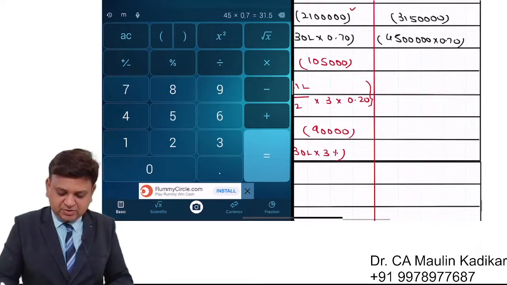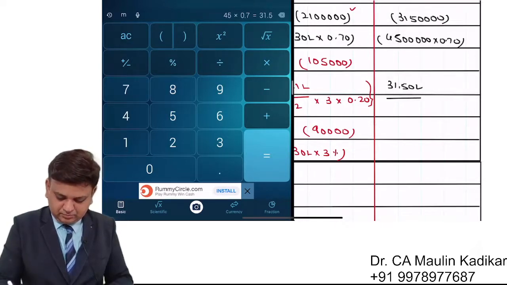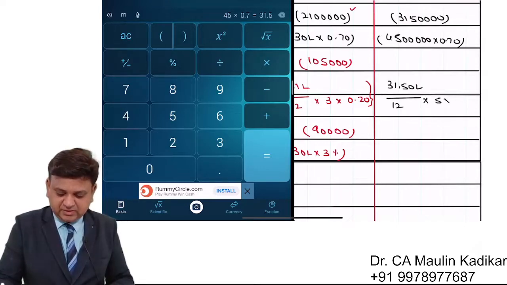Next is the carrying cost: 31,50,000 divided by 12 months, multiplied by the collection period, which is 5 months, into 0.20.